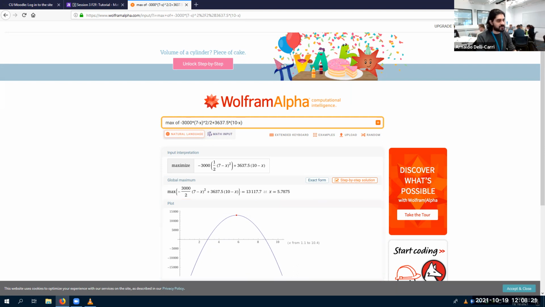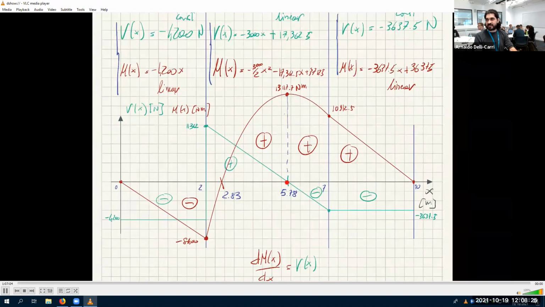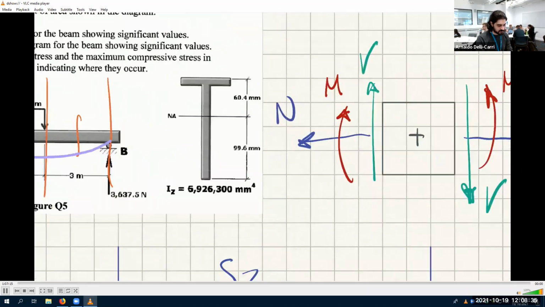That means the beam will break at 5.78 meters away from the start of the beam, because that's where the largest maximum moment is. That means you also have the largest stress. Now, where is the largest stress?